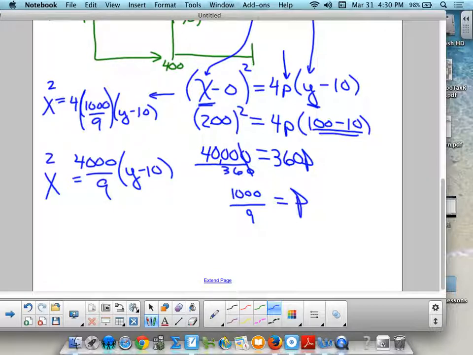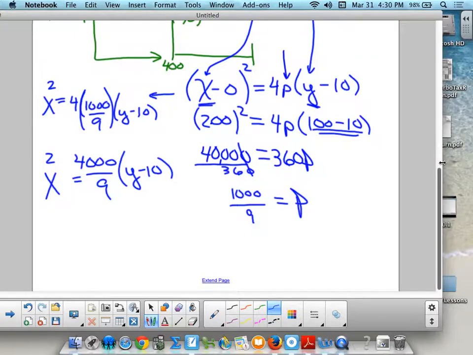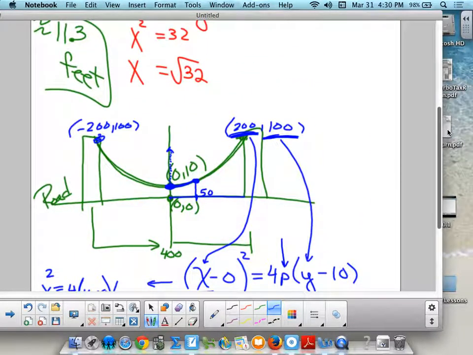Okay. Now, that's the equation that fits the parabola. But on the parabola, what do you want to know? You want to know right here, at 50, how high are the cables? Question mark. That's what you want to know.